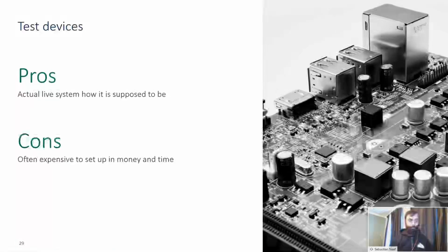So what have we learned about our test devices? An actual live system, as it's supposed to be provided by the vendor, with all the configuration, working firmware, and peripherals, is indeed a good investment. In our case it was about €1,000 per device that we had to spend.